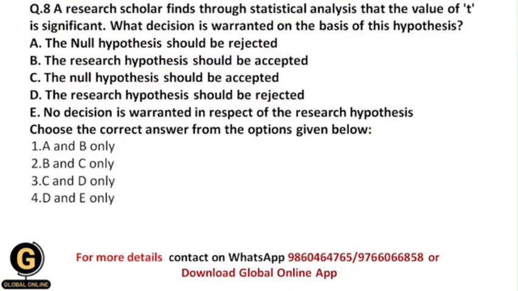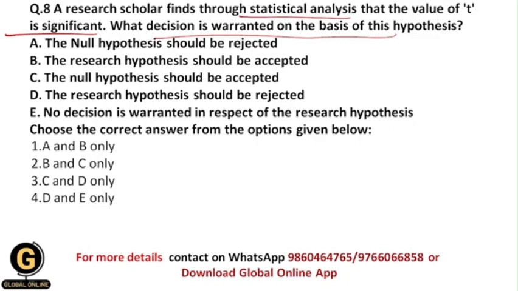Next, a research scholar finds through statistical analysis that the value of t is significant. What decision is warranted on the basis of this hypothesis? So basically a research scholar is doing statistical analysis in his research process, and after doing the statistical analysis he finds that the value of t is significant.